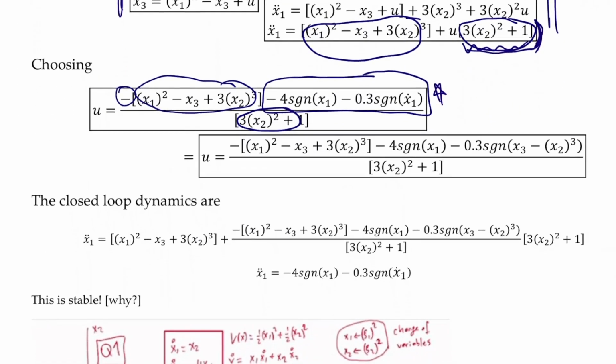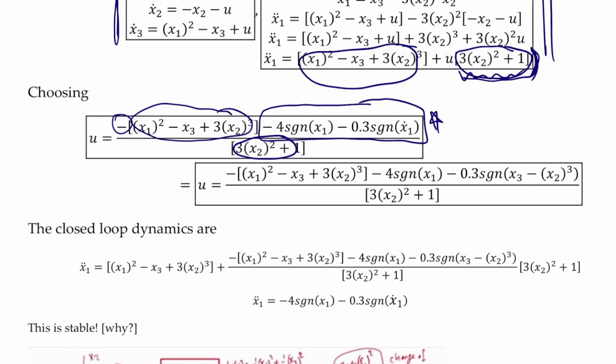When we use this control algorithm, and the more explicit form is here, we wouldn't like to compute x1 dot, or the derivative of anything actually, because it complicates things. And since we have the x1 dynamics, we can compute it without taking any derivative.